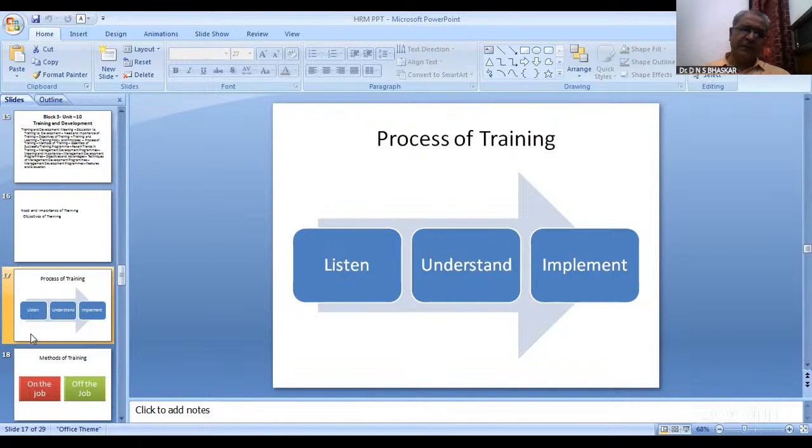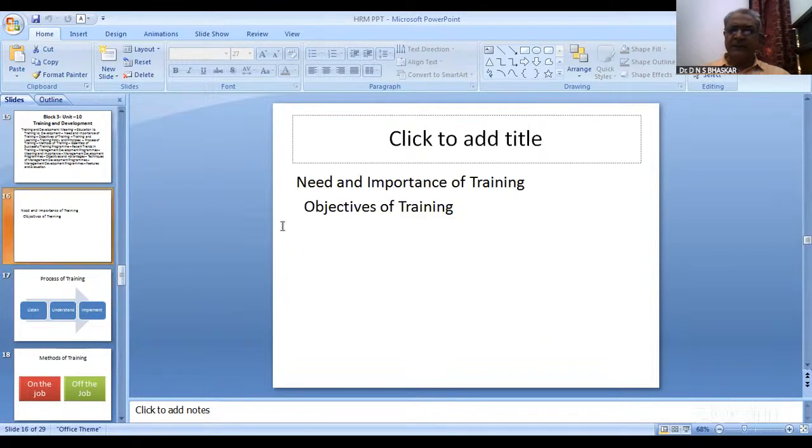Then we understood the need and importance of training, and the various objectives of training covered in this class. Every training must be designed to meet the organizational goals. What is the total organizational goal?